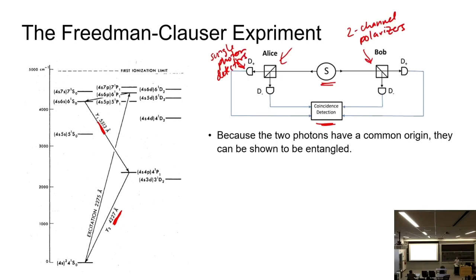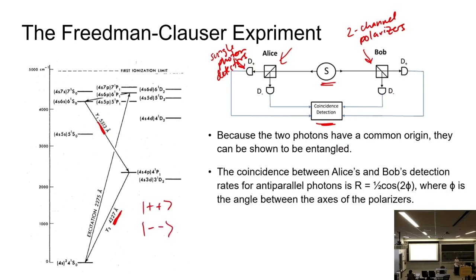All right, so like I said, because the two photons have a common origin, they can be shown to be entangled. They're emitted in a cascade, and for a photon pair emitted in a cascade, the two polarization states are either plus plus or minus minus. So they both have plus helicity or they both have minus helicity.